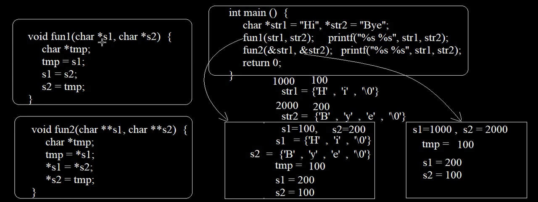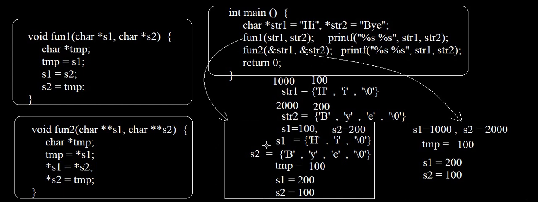Let's come to the function 1, and it is taking a pointer to a character, and it is also a pointer to a character. And also, say we have 100 as a base address for this string and 200 as base address for str2. These base addresses will be passed to the s1 and s2, and there is a temporary variable which is a pointer to a character.